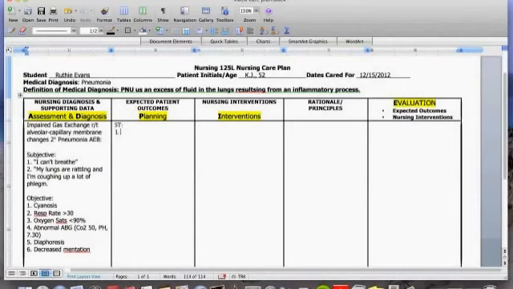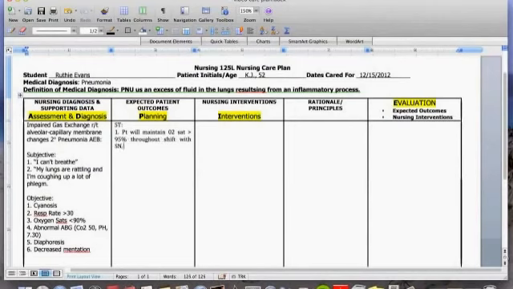So first of all, the most important thing is that I want this patient to maintain an oxygen saturation, let's say above 95% throughout my care with her today, or throughout my shift.